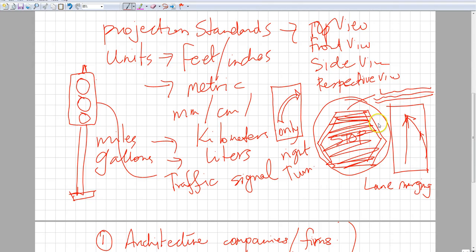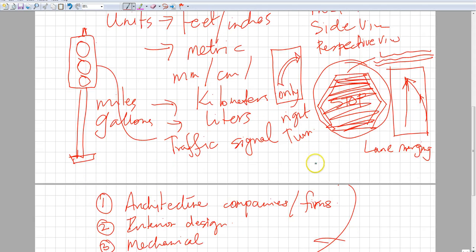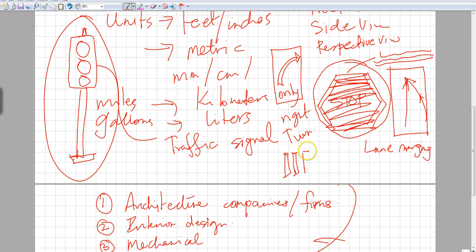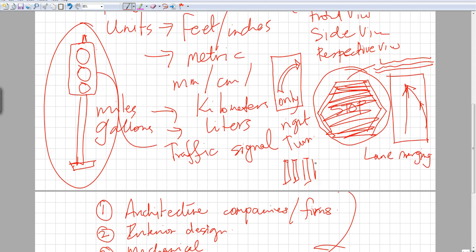Then the next thing is obviously it saves a lot of time. Then what more? It avoids confusion because it's a standard. Everyone knows that a signal looks like this, so there's no other way about it, right? If you are using pedestrian crossing, the pedestrian crossing has a certain symbol, and that's what the pedestrian crossing is. Okay, so that makes it easier for everyone to understand clearly what these symbols are.